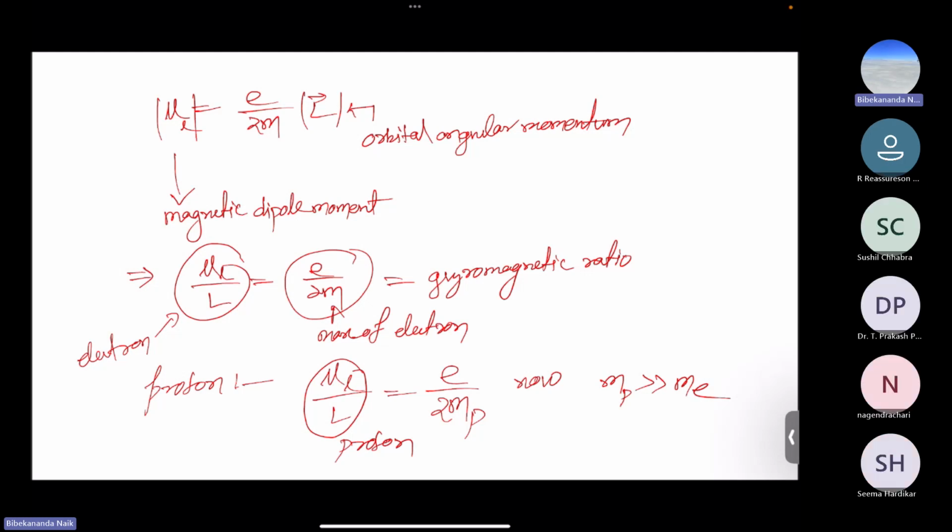So what we got from this discussion is that the motion of the electron will produce a larger magnetic moment in comparison to the motion of the proton.